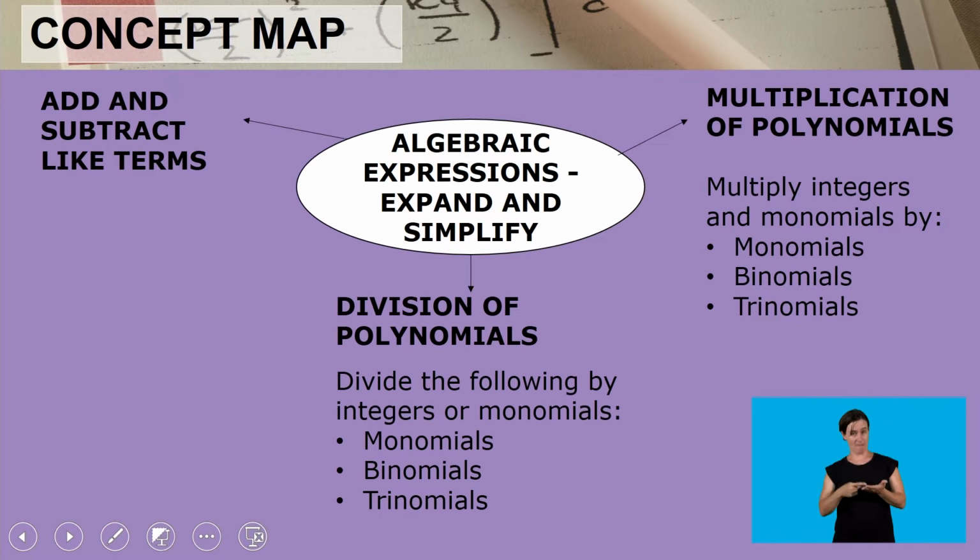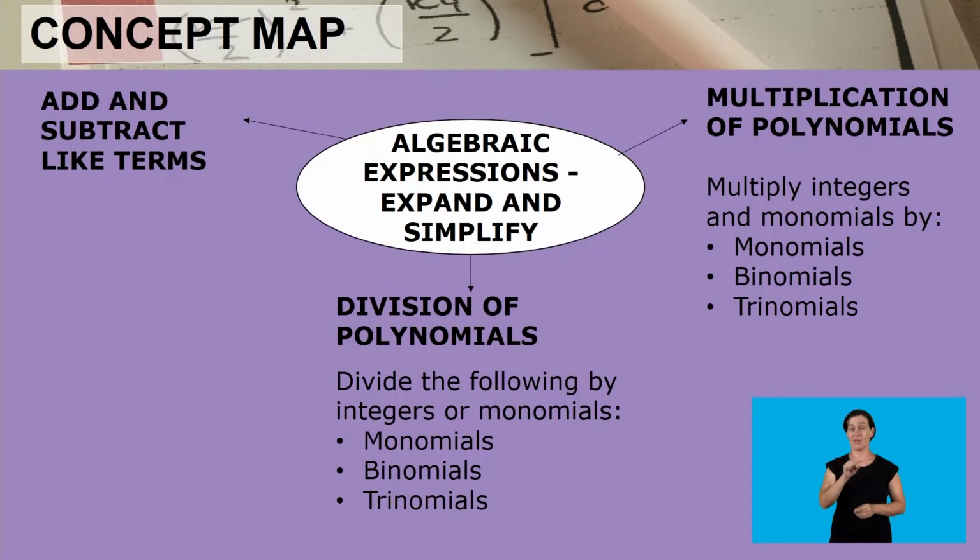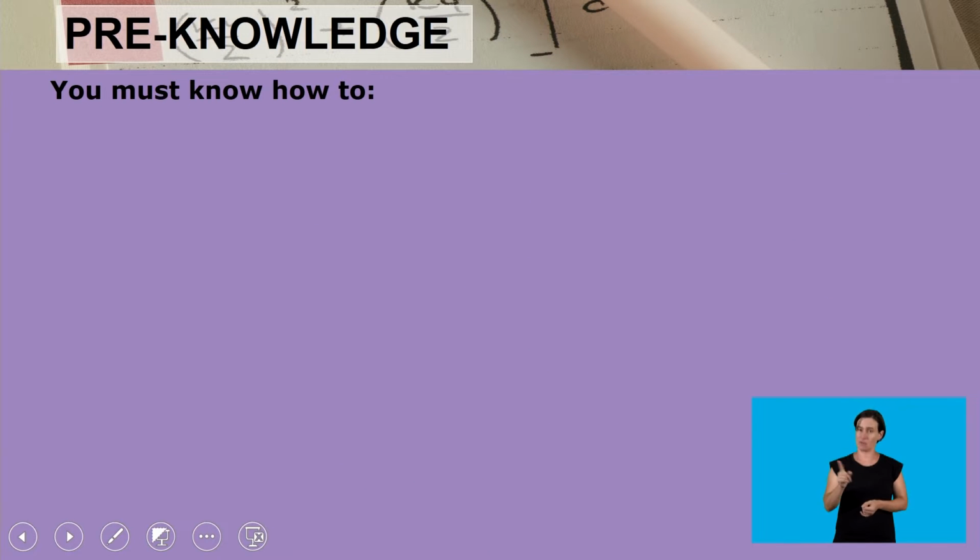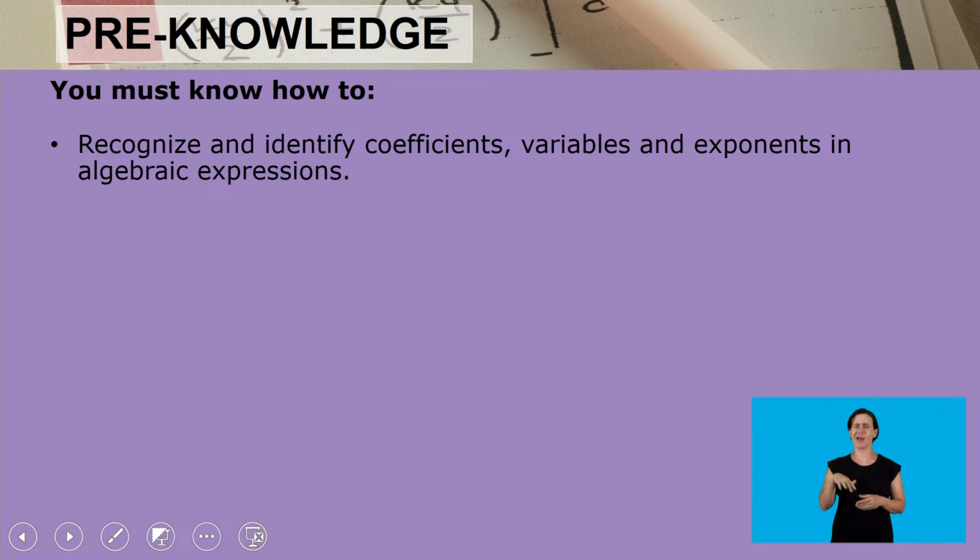Let's look at our concept map there. We are going to start with adding and subtracting those like terms. Then we are going to go to multiplication of polynomials. And lastly, we are going to end with division of polynomials. So what pre-knowledge must you know for this lesson? You must know how to recognize and identify coefficients, variables, and exponents in algebraic expressions.